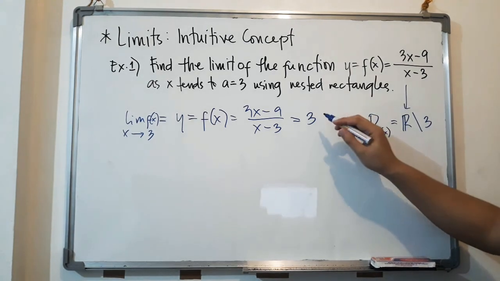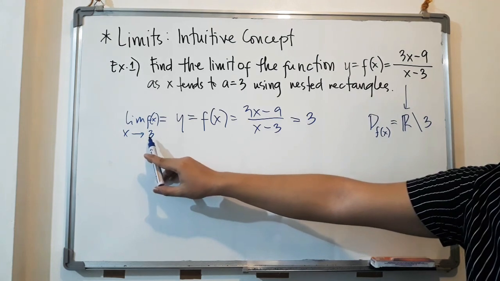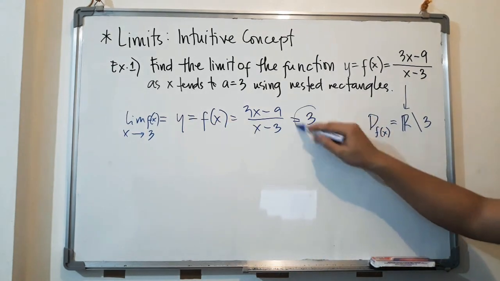How did we get 3? Therefore, the limit of this function as x approaches 3 is equal to 3. But how did we get 3?